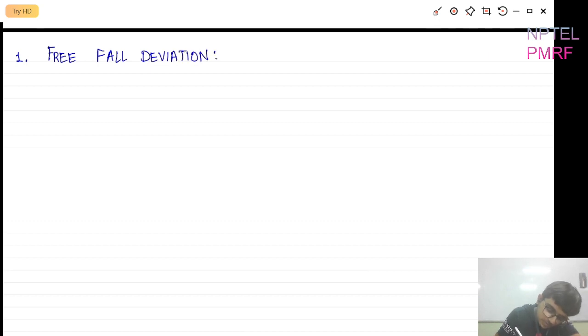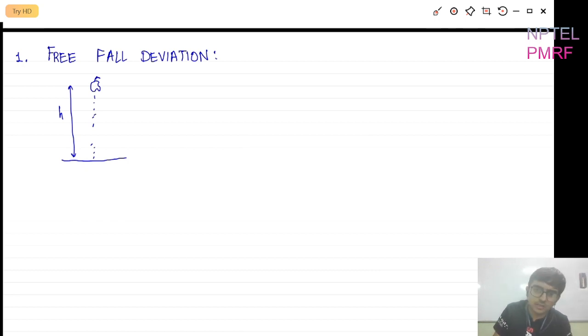The problem is as follows: there is an object and it is dropped from some height h, and it drops down. And where does it fall? Of course, our preliminary understanding, which we learned in 12th standard or even BSc, says that it will fall directly below the point of drop, right?